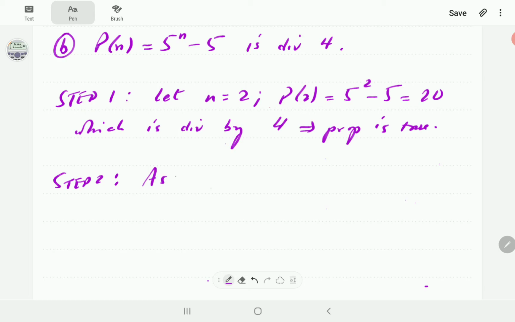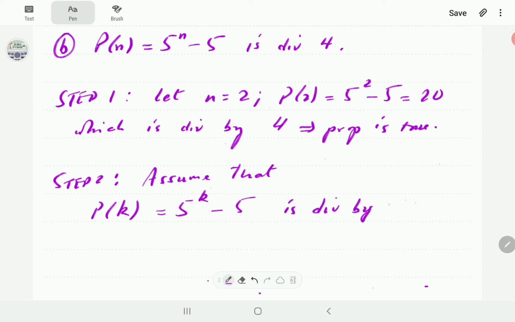We are going to assume that P of k, which is going to be 5 to the power k minus 5, we are going to assume this is divisible by 4, where k is also a natural number.